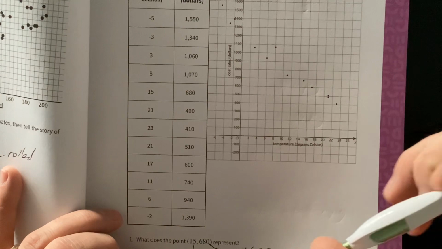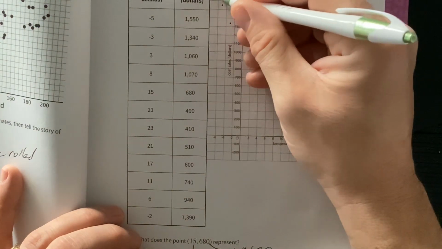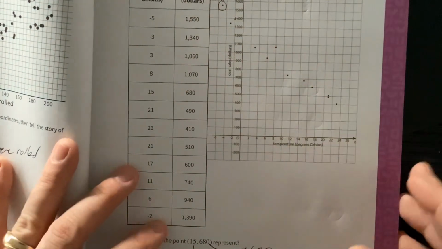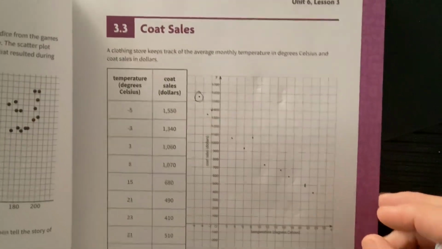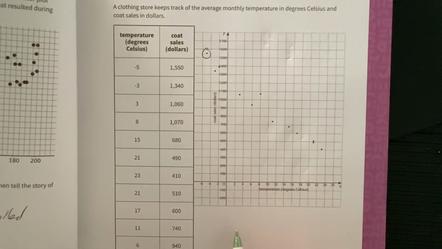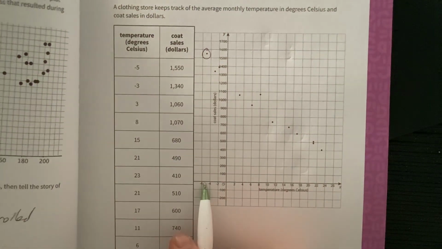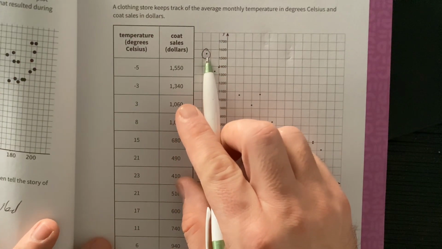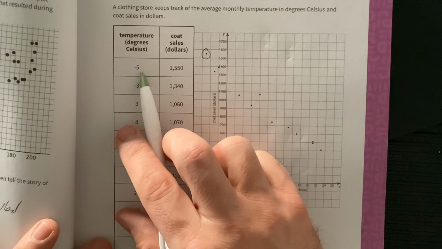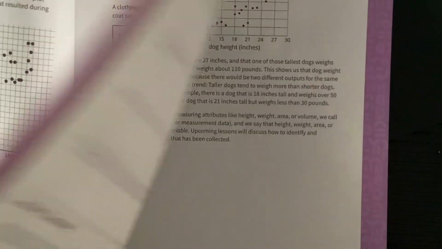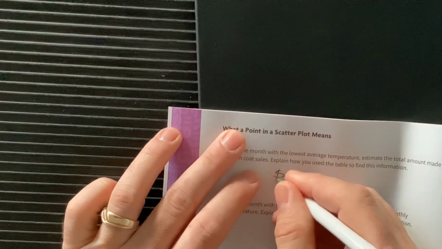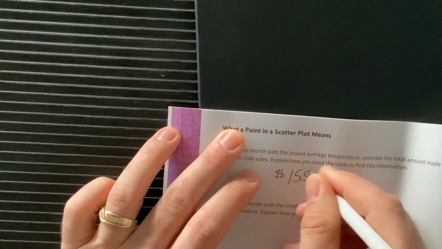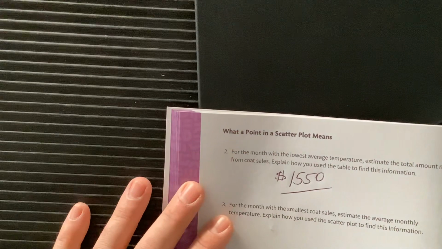Well, this would be the coldest temperature, -5 degrees Celsius. Shouldn't even have to estimate it because it tells us on the chart. What's next to -5? $1,550 worth of coat sales.